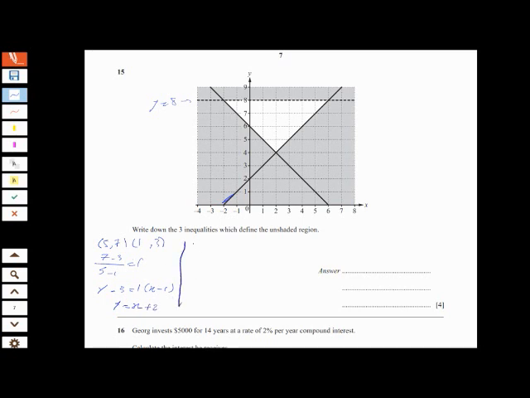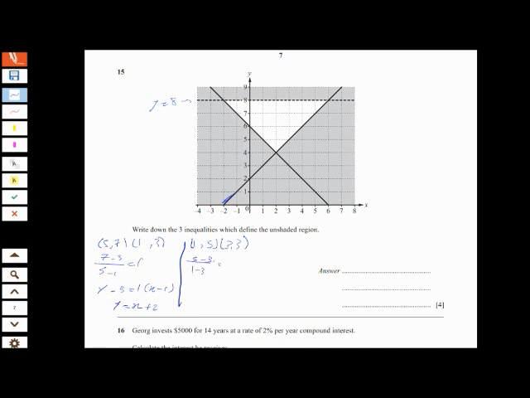The second line, do the same thing. Get 2 points: 1, 5 and 3, 3. So find the gradient, 5 minus 3 over 1 minus 3.